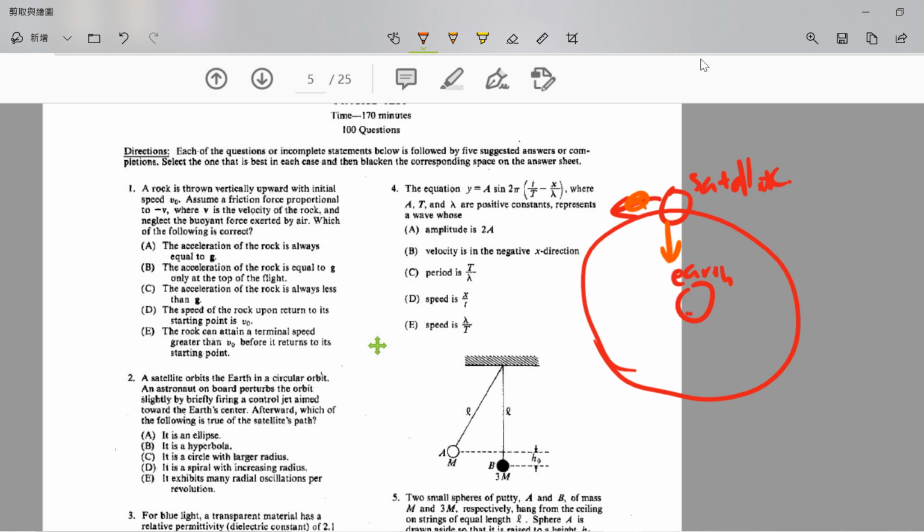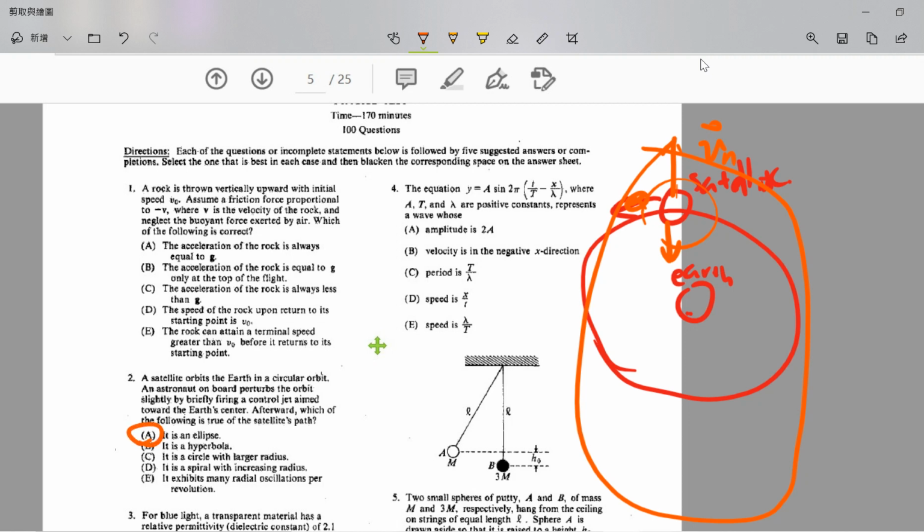Due to momentum conservation, you will have an extra speed outward. Once you increase this, you will start to do an ellipse orbit.